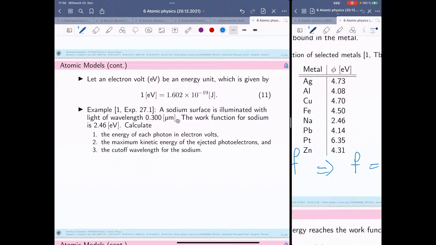You know that micro is 10 to negative 6. It's a kind of prefix unit; you can use a prefix with any fundamental unit as you want.